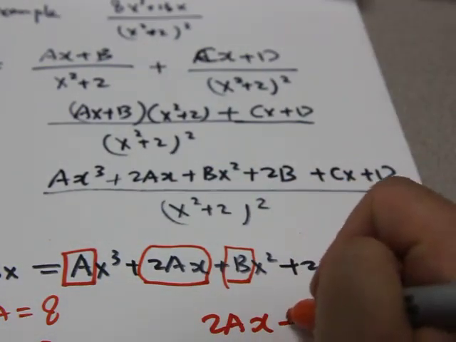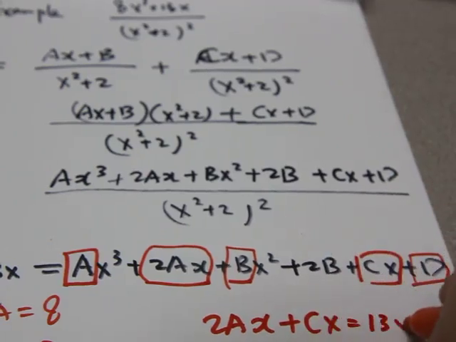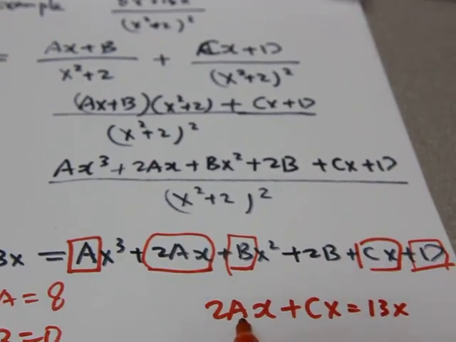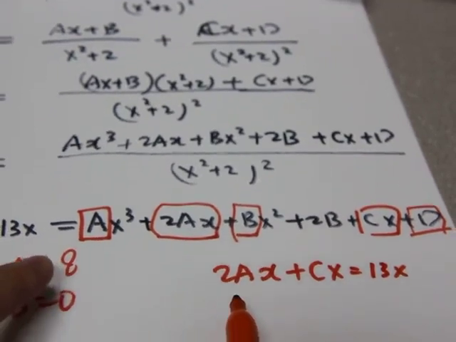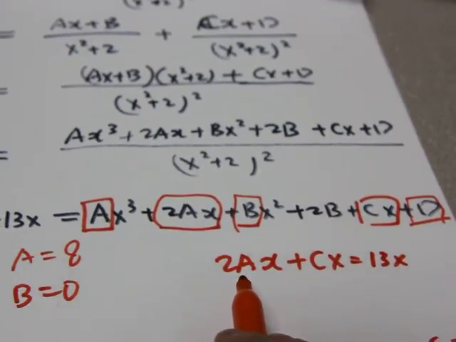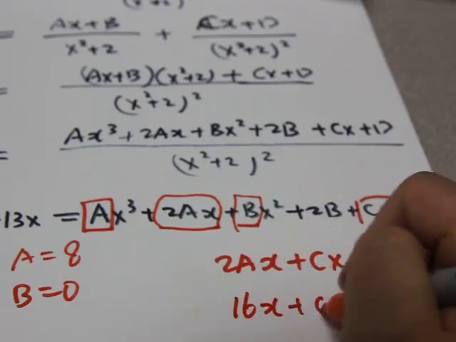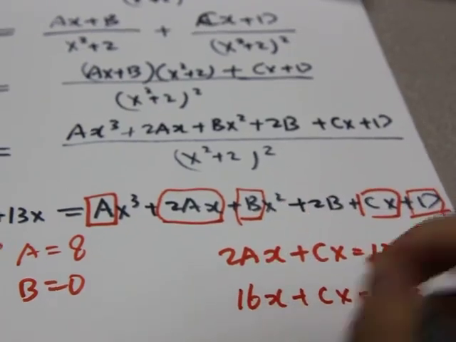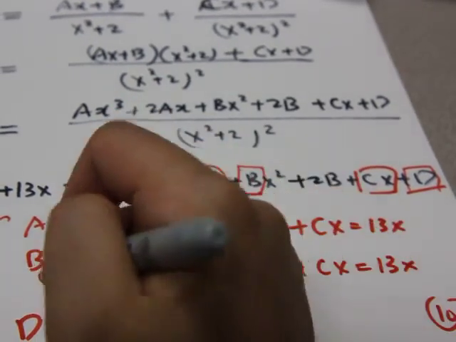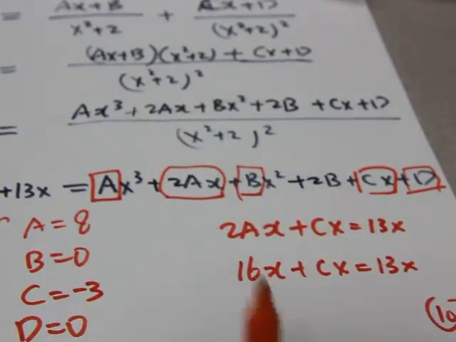And next, c. Because 2ax plus cx equals 13x, and we already figured out a is equal to 8, this is 16x plus cx equals 13x. Therefore, c is negative 3.